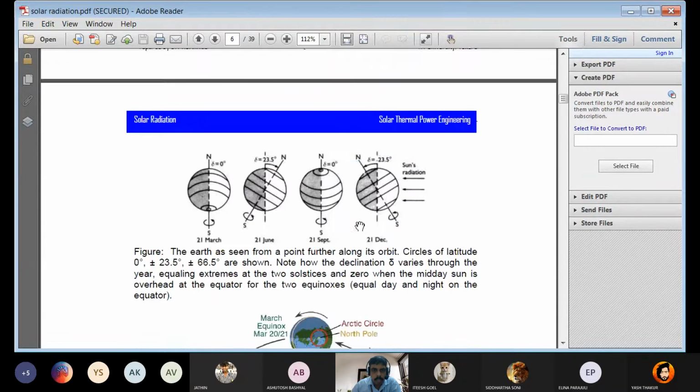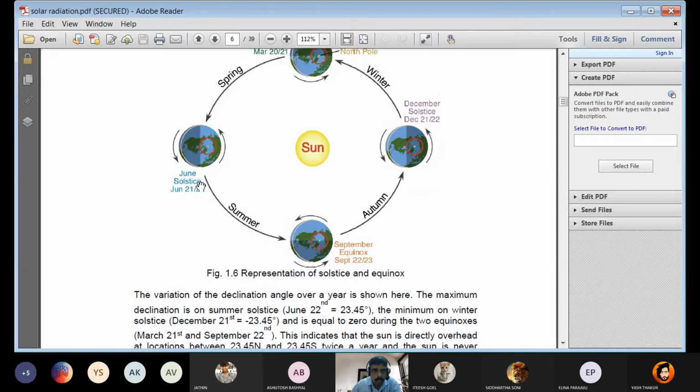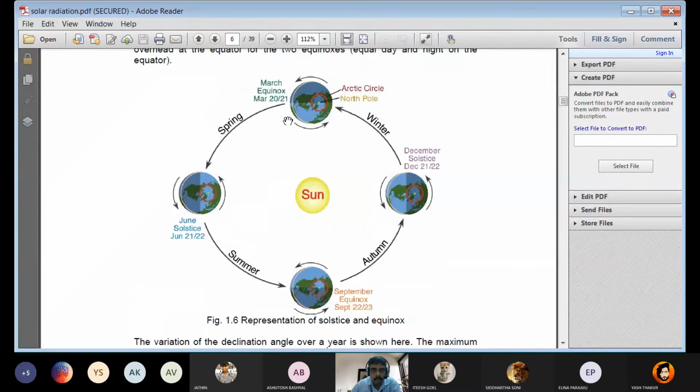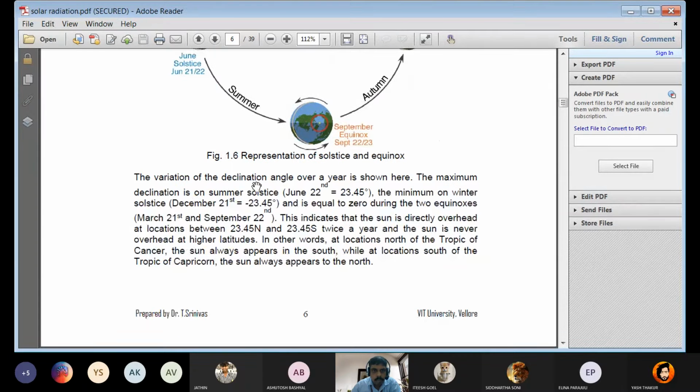That variation we can also see in this picture, at different climatic conditions. In June we have some declination, December another one, September another. This picture depicts that. The variation of the declination angle over a year is shown here.